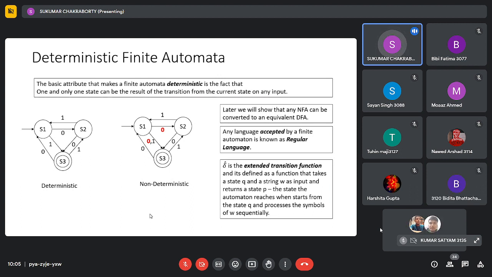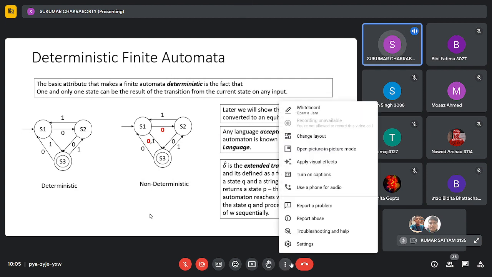So at any point of time, at whatever state the machine is, given any input symbol, we always know what the output state is. That is a unique state, the transition when the machine at the current state is fed by a symbol. That is why it is called deterministic finite automata, 100% predetermined.